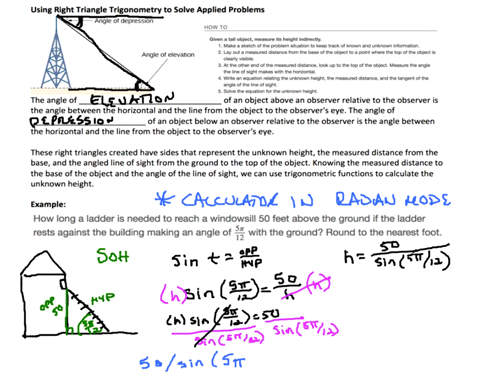You want to use pi, which is the second function on your caret key, all the way over on the right-hand side of your calculator. And you divide that by 12 and then close that parenthesis. And when you put that into your calculator, you get that that's equal to 51.763800902.